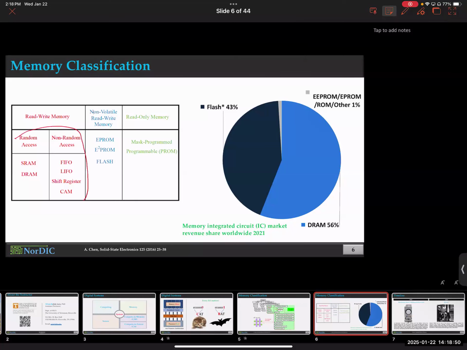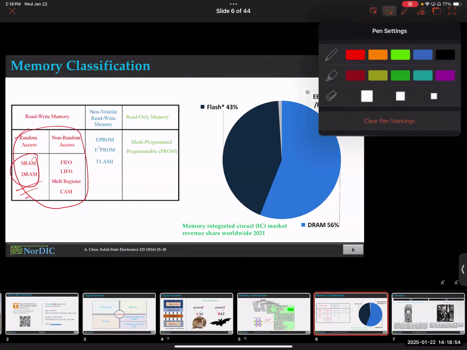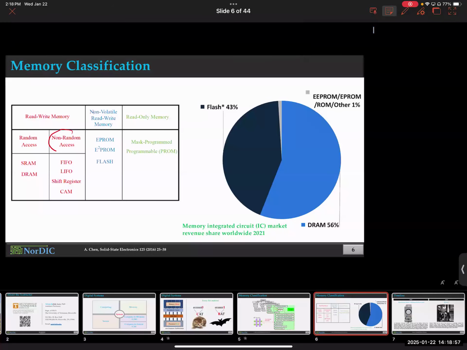There are memories that you can read and write. SRAM and DRAM obviously are among them, but there are also other non-random access memory. So what do I mean by random access and non-random access? Random access means you could read out any data from any position at any time. You don't have to maintain any specific sequence. But non-random means you have to read in a chain.